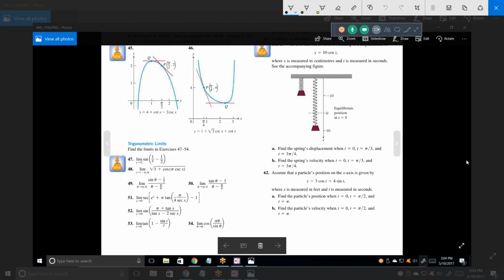What is y prime? Right now I'm just working with pi over 2. Oh, y equals 4 plus this function, yeah. In other words, both of these lines, these red lines, are slopes of tangent lines.